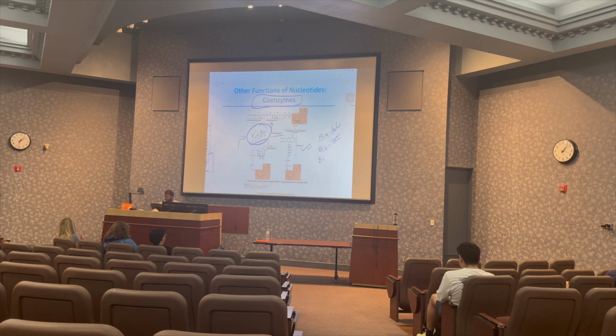Okay, B5 is pantothenic acid, and B1 is thiamine, B2 is riboflavin. I remember this from my memory. B3 is something else, I don't remember now. Niacin, B3 is niacin. B4 is, sorry, I cannot remember all of them now. But yeah, you can remember the names of those B complexes for sure.